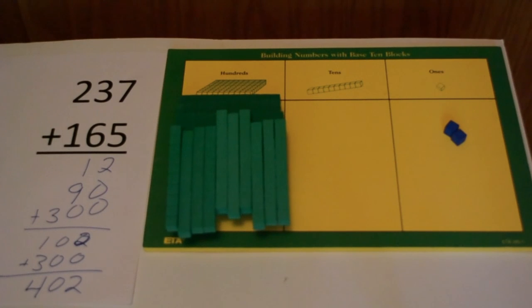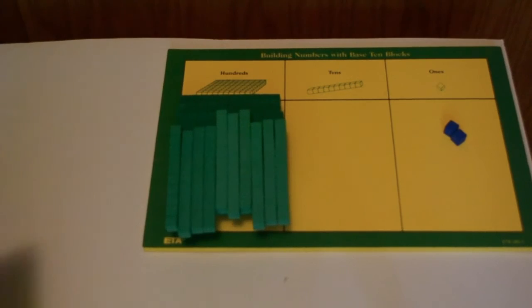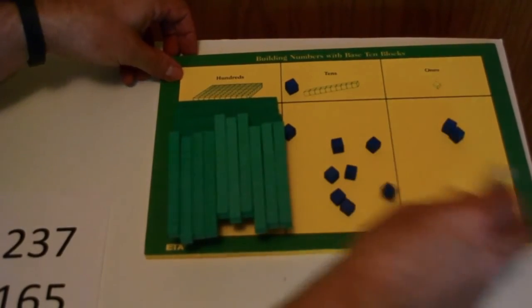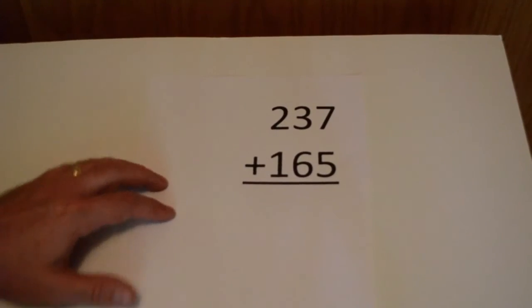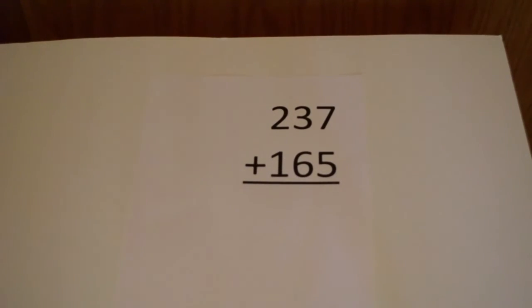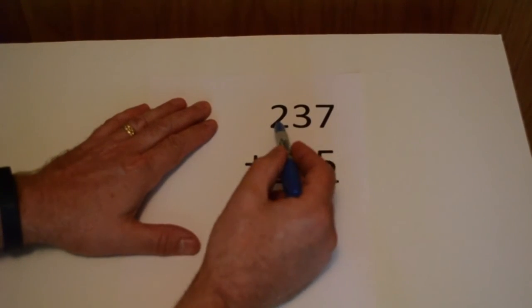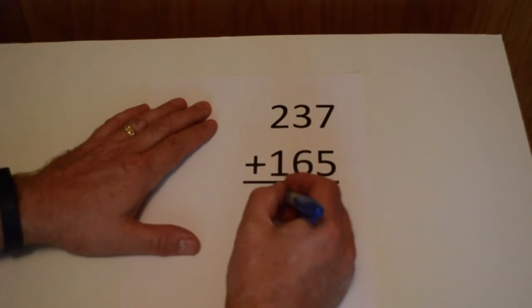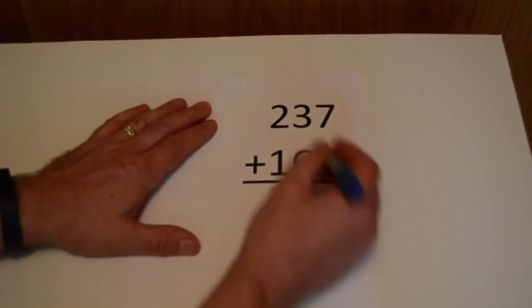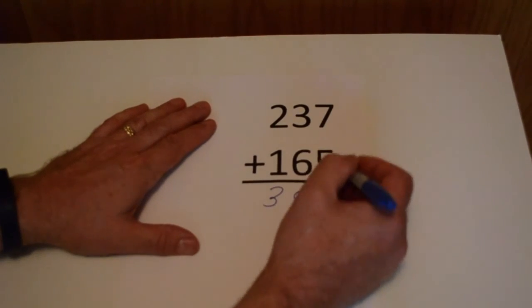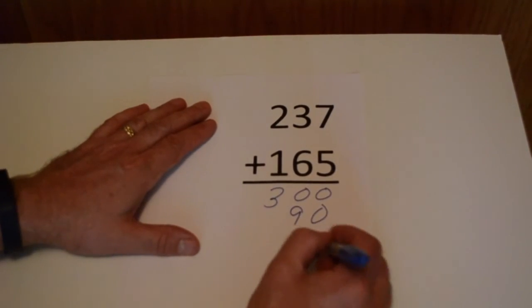Now, if we took that same problem and worked it, I'm not going to use my base 10 blocks this time, I'll just show you the algorithm. So modeling the 3-digit addition, left to right, and partial sums, if we have 100 and 200, we have 300, 30 and 60 is 90, 7 and 5 is 12.